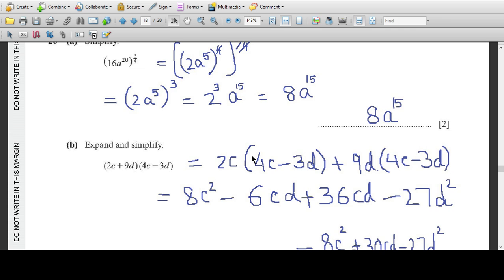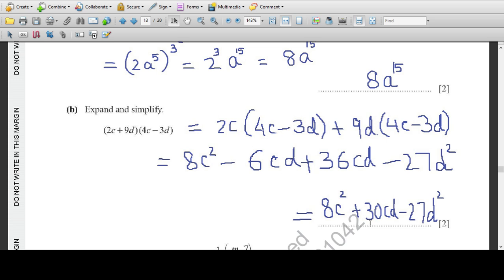Then 2c multiplied by 3d, 2 threes are 6cd. Then 9d times 4c, 9 fours are 36cd. And 9 threes are 27d square. So this is 8c square plus 30cd minus 27d square. So this is the expansion and simplification.